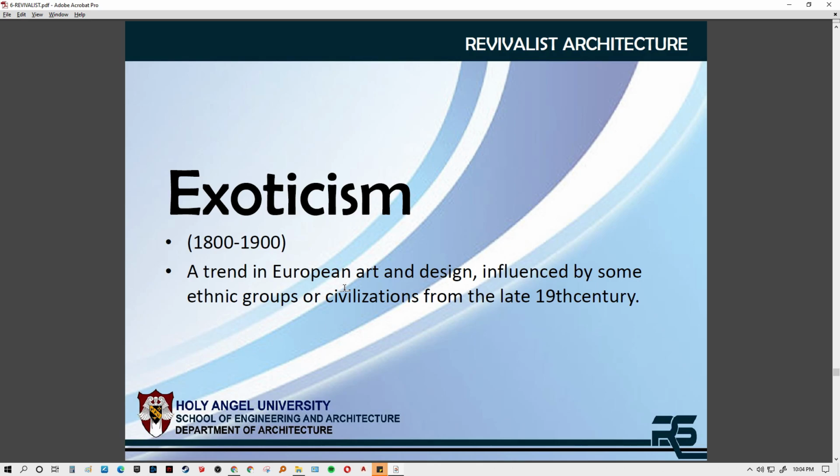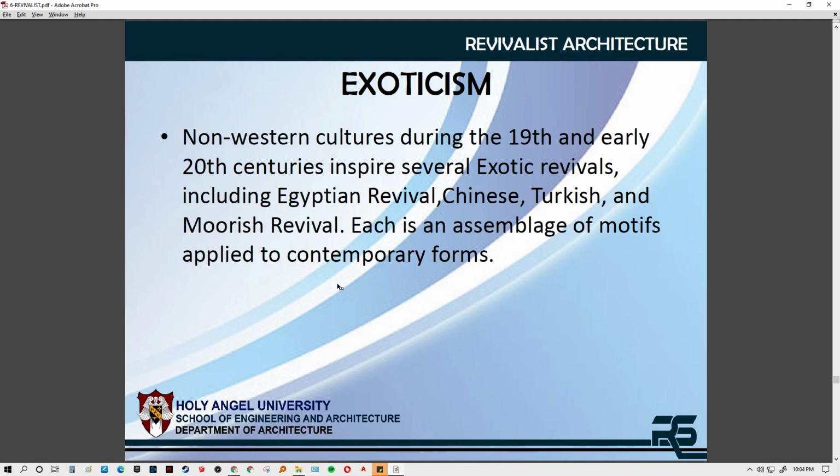Then we have the Eclecticism. These are trends in European art and design and influence some ethnic groups and civilization of late 19th century. And these are non-Western cultures adapted to the US and parts of Europe, also known as exotic revival.